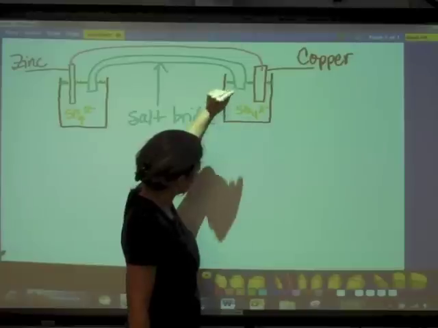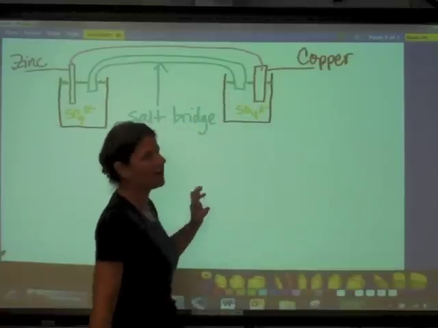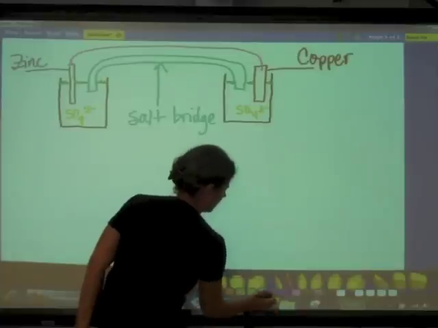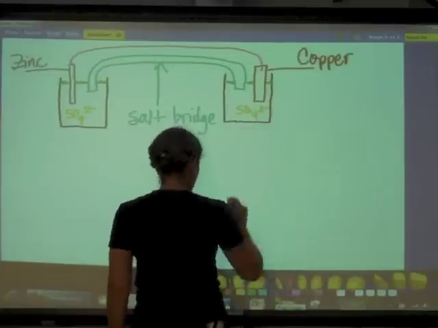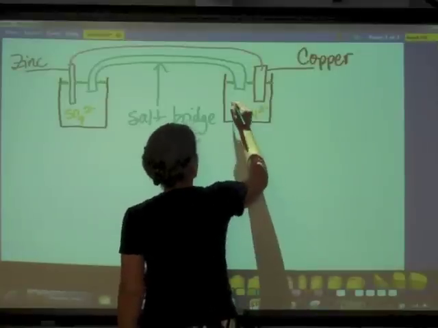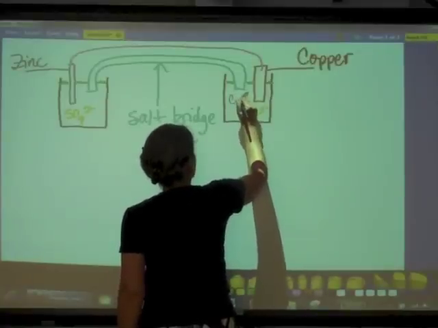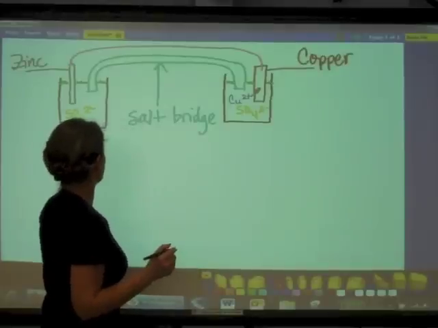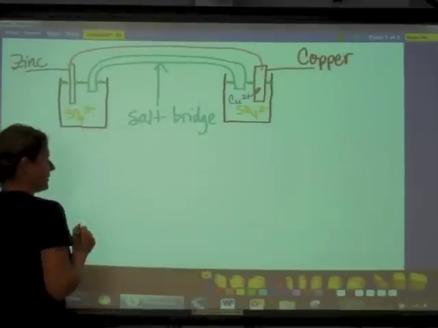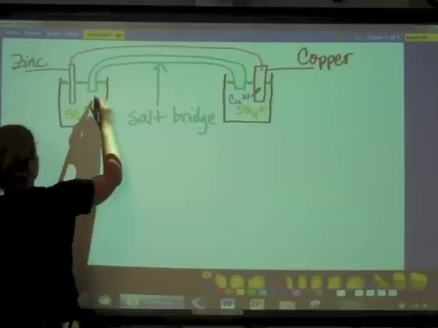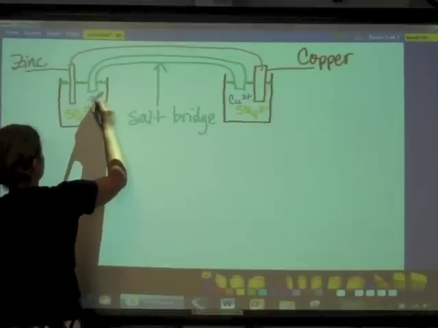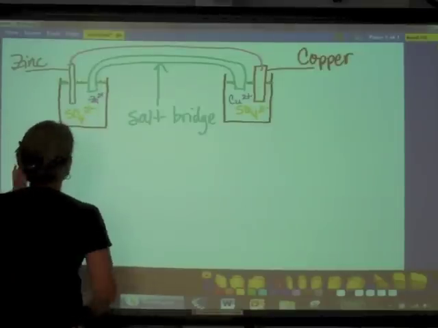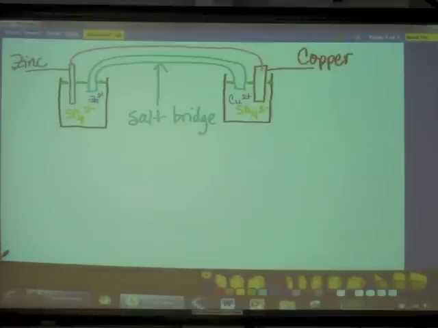So we also have inside this beaker to start copper 2 plus ion, and we probably have a little bit of zinc 2 plus ion in here as well.